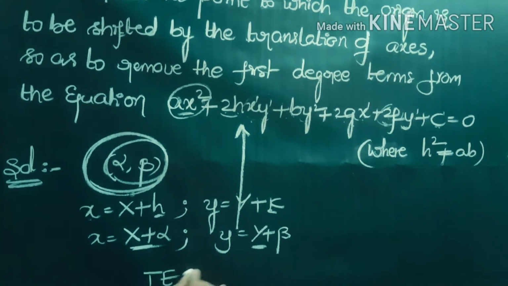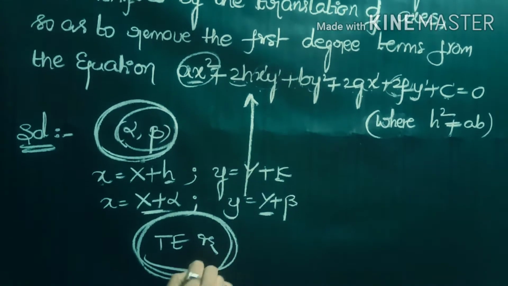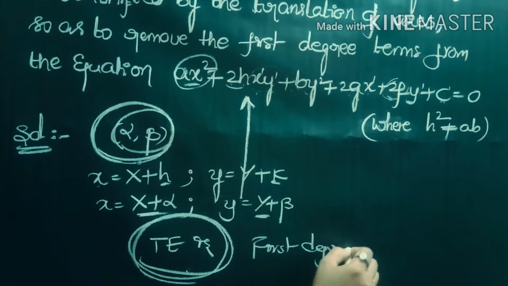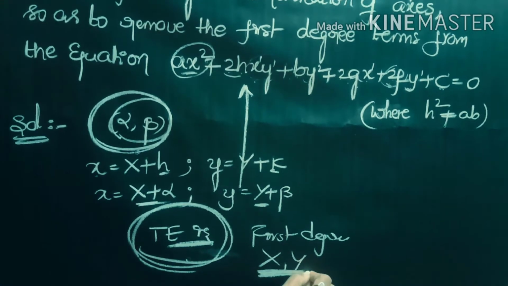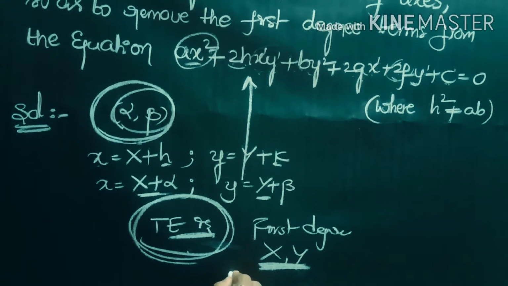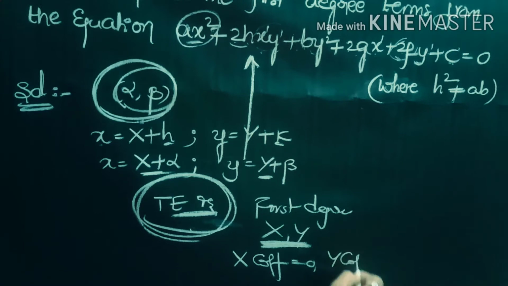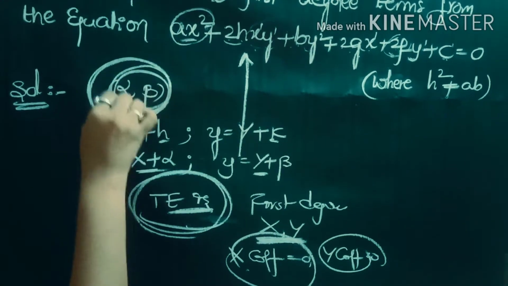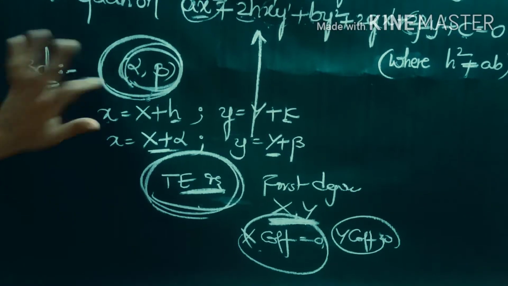From this transformed equation we have to remove the first degree terms, that is, equate the x coefficient to 0 and the y coefficient to 0. From these equations we find alpha comma beta, which is the required origin point.